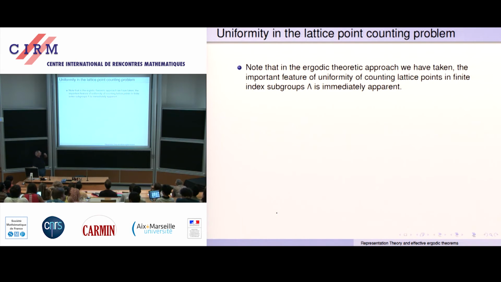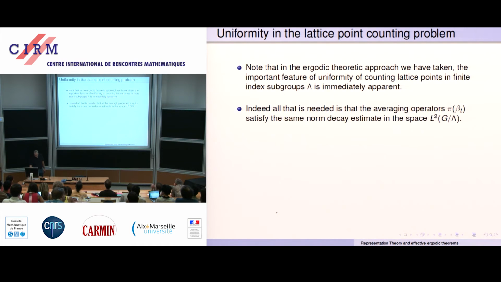Okay, now another point I would like to make is that in the ergodic theoretic approach that we have taken, the important feature of uniformity of counting lattice points in finite index subgroups, lambda, is immediately apparent. As you can see, gamma played a very small role here.